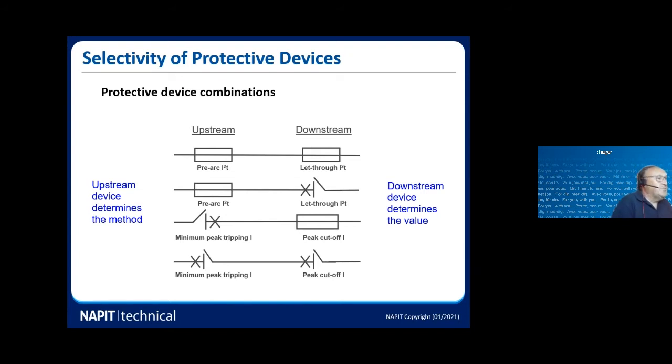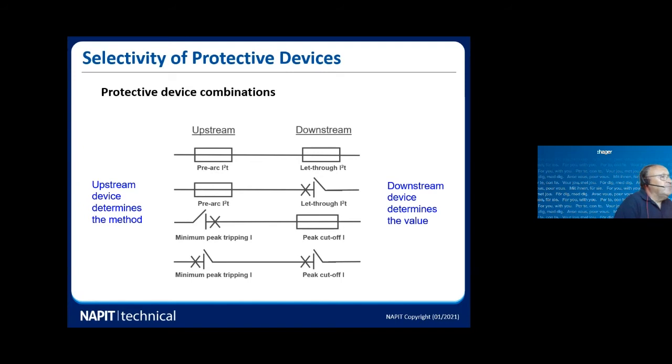Now, because the upstream device is a fuse, we need to know the I²t value. So that's what I mean by the downstream device determining the value. The downstream device is telling us we need to understand what the I²t is that will go through it. The upstream device determines the method. The upstream device, being a fuse, will have a pre-arc value.